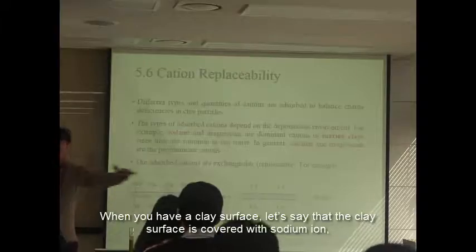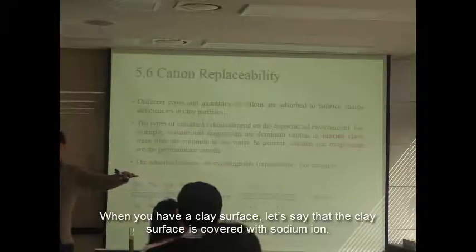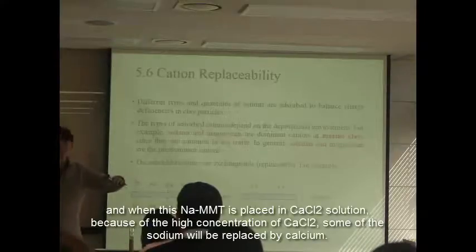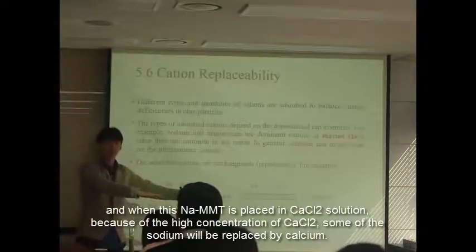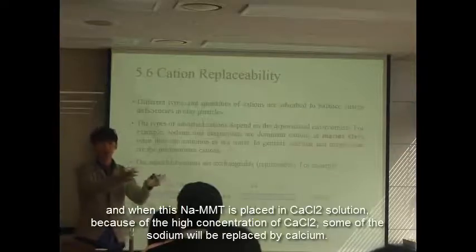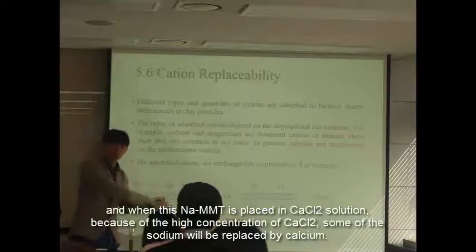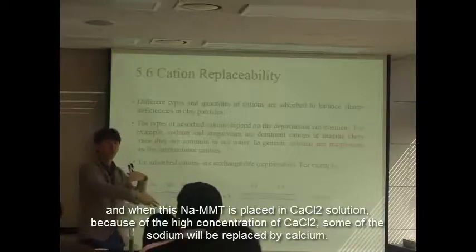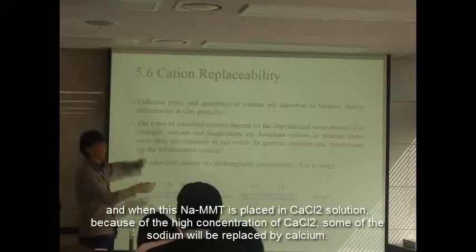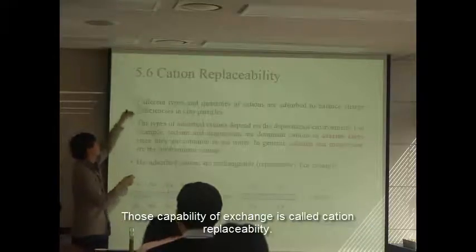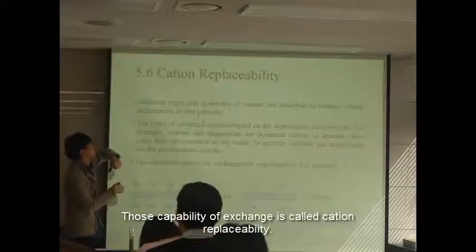Let's say that your clay surface is covered by sodium ions, and when this sodium montmorillonite is placed in a calcium chloride solution, because there's a high concentration of calcium chloride, some of the sodium will be replaced by calcium. That capability of exchange is called the cation replaceability.